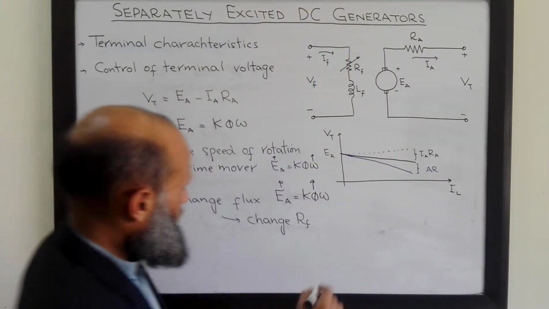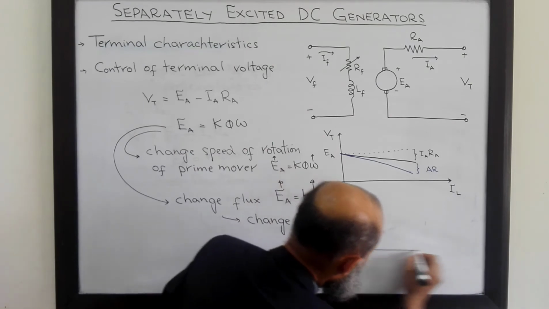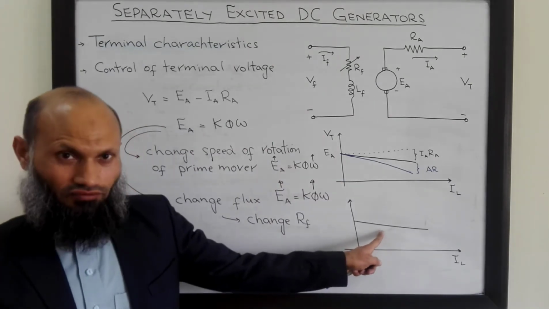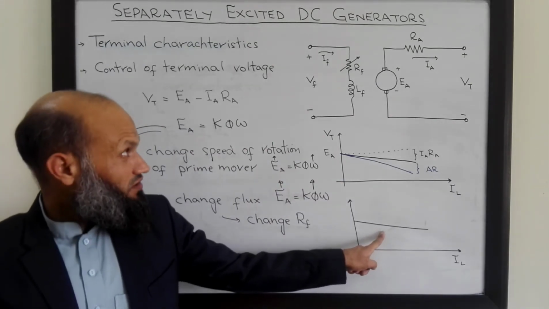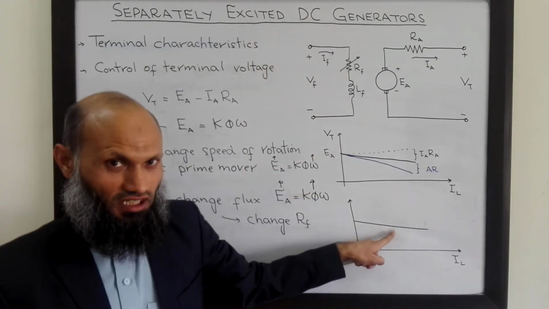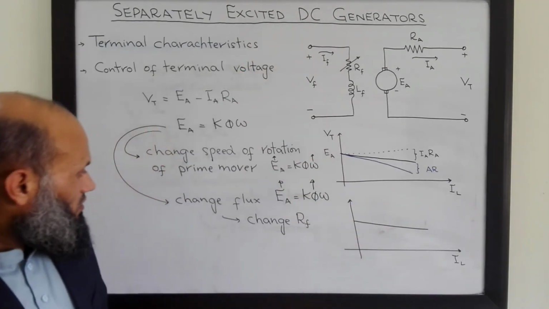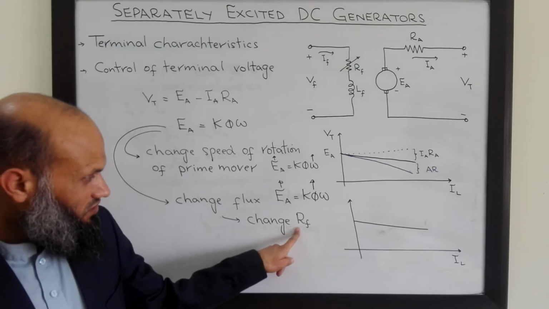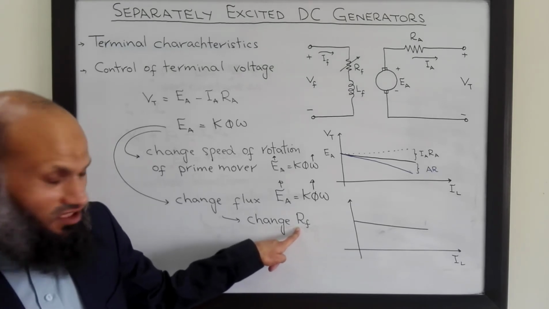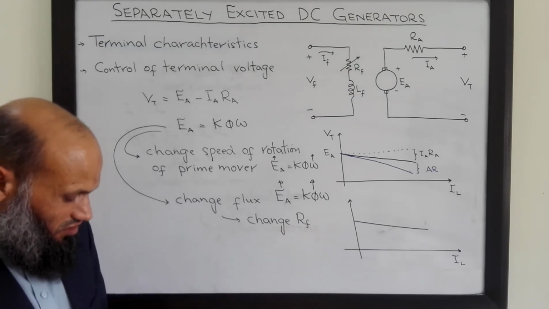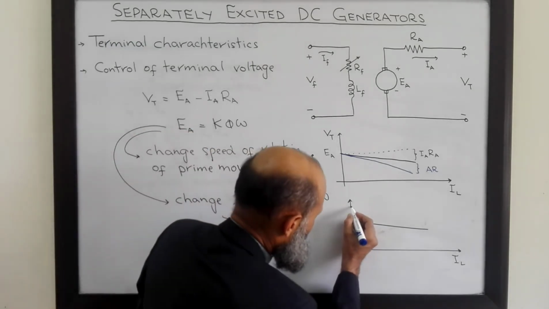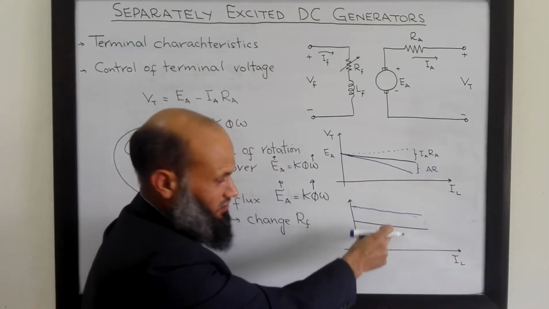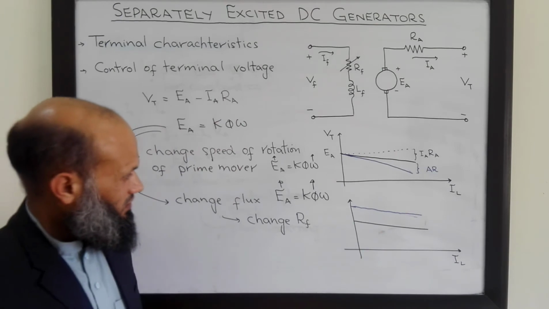So these are the terminal characteristics of a separately excited DC generator having compensating windings, for a given value of field resistance. If we decrease field resistance, the terminal characteristics will have this shape. This straight line is parallel to this line.